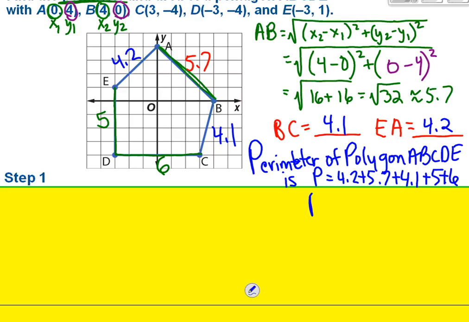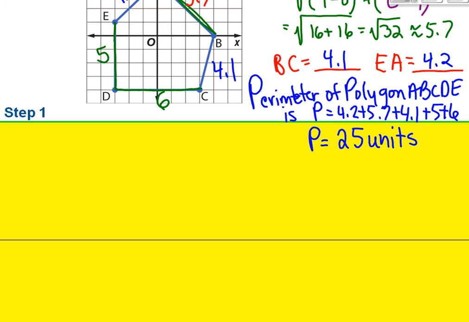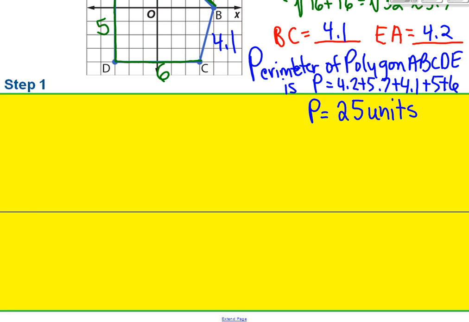And so the perimeter is equal to 25 units.